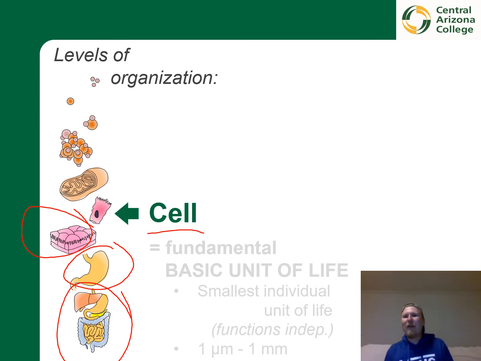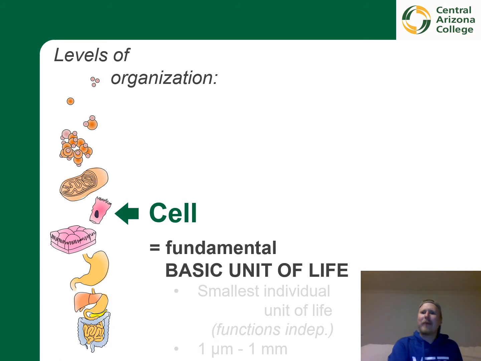So let's have a look at our cell level a little bit more. That's what we will be focusing on today. Here we have defined these as the fundamental basic units of life. What does that really mean?